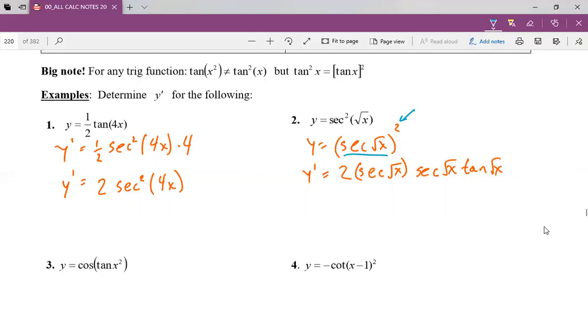In our next step, once we've done that, when we take the derivative of that inner function, secant root x, it is secant root x times tan root x. That's now what we have to differentiate, and so we have all of that times 1/2 x to the negative half. There's a lot in here that we're going to do some cleanup with.